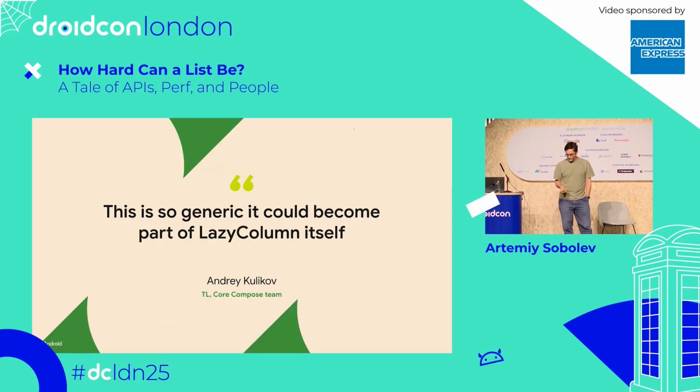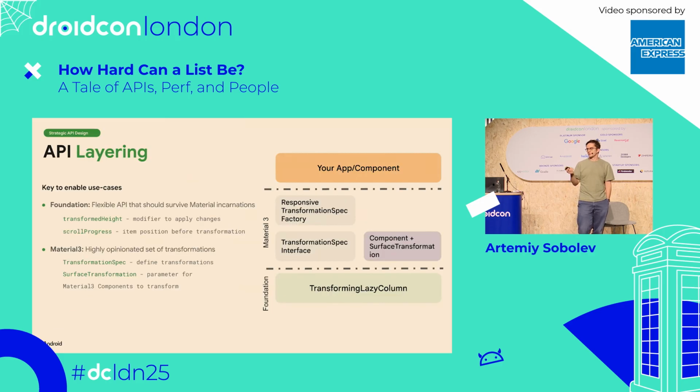And I had this feedback from Andrei Kulikov, and he told me that this might be a part of the lazy column someday because it is so generic. But we don't want all our users to just redo the whole transformations, figuring it all out.